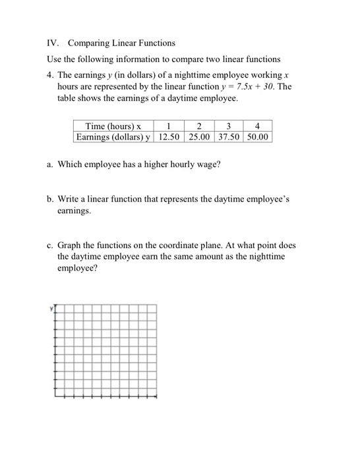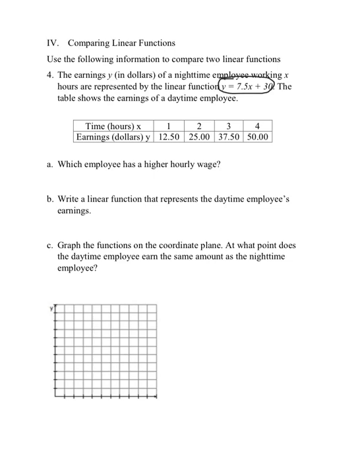So if you see a problem that says the earnings, y in dollars, of a nighttime employee working x hours are represented by the linear function y equals 7.5x plus 30, and the table shows the earnings of a daytime employee, which employee has the higher hourly wage?